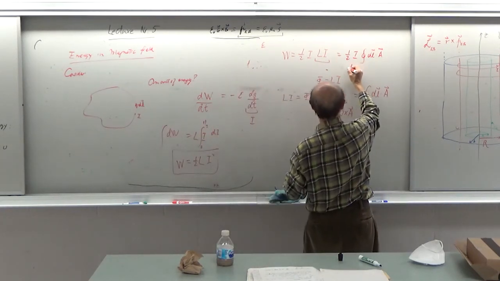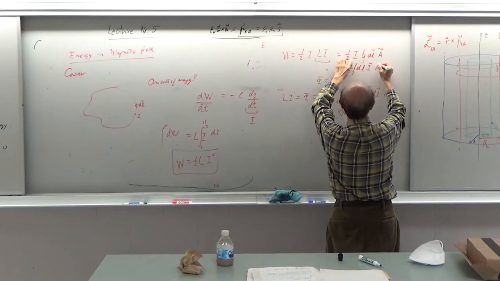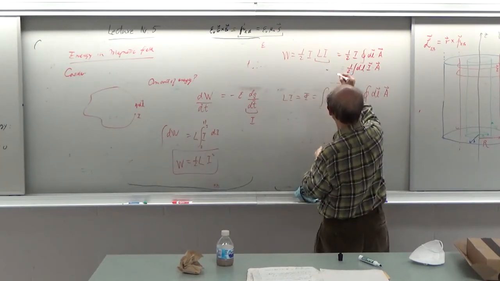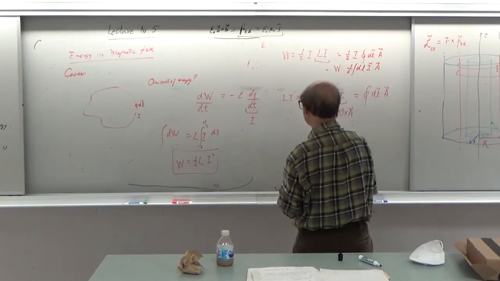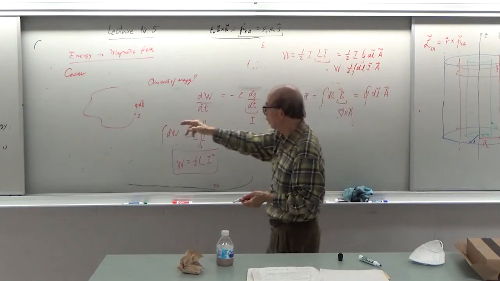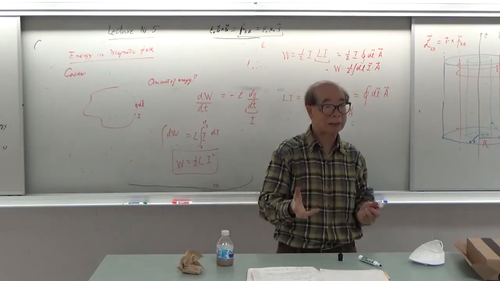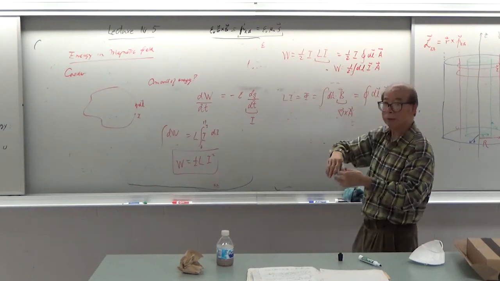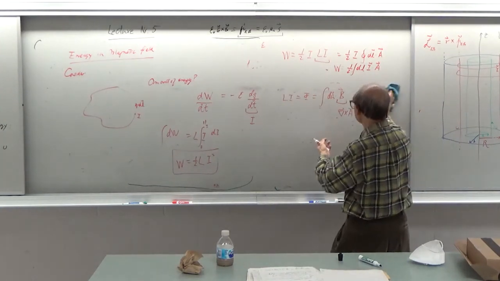So I can write this as 1/2 ∮ dl · I A. That's another form of W, the energy stored in the system. And this form is for a circuit involving a line integral. One can easily generalize to the case where the current is not a line, but a volume current, for example, or surface current.